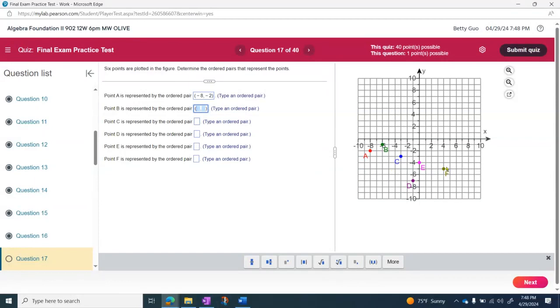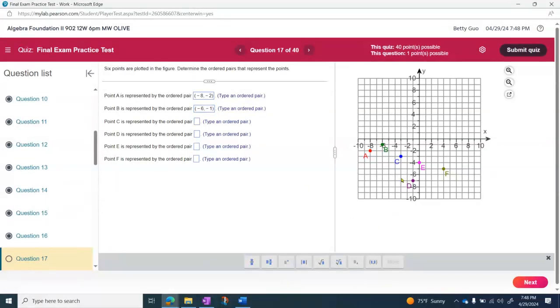Point B. Where is B? It's here. Let's see, 1, 2, 3, 4, 5, 6. -6, comma -1.